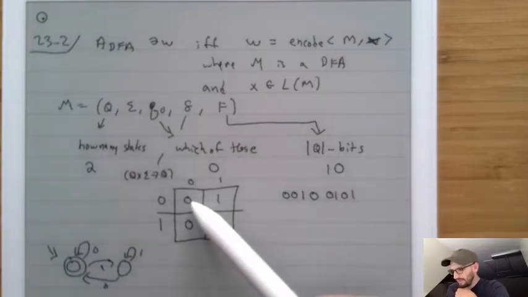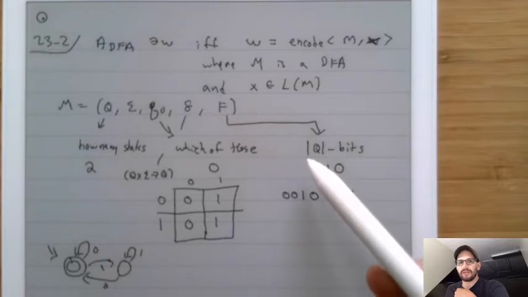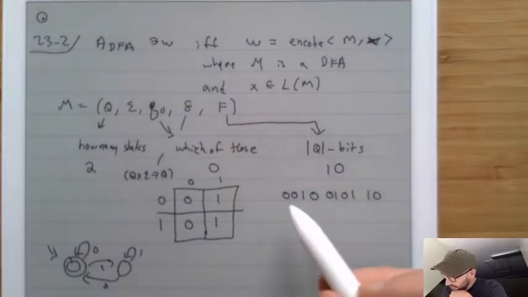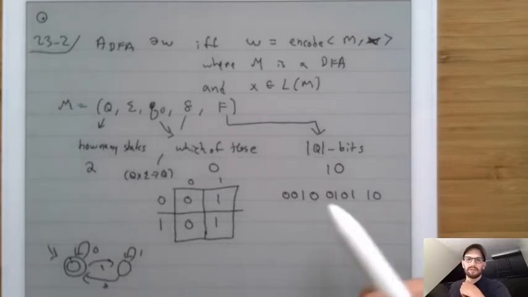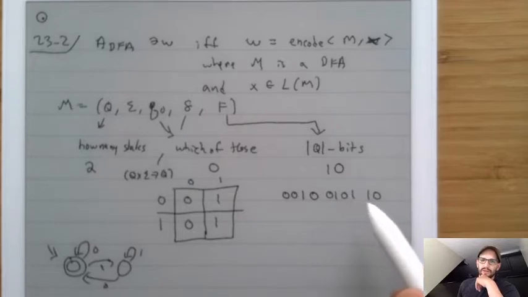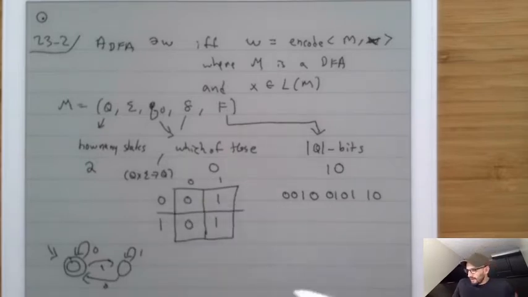So we have 1 bit for this entry, 1 bit for that entry, 1 bit for this entry, 1 bit for that entry. Then the next thing we need to do is the bit mask for F, so we'll just write 1, 0. So that means that this number right here, 0, 0, 1, 0, 0, 1, 0, 1, 1, 0, describes this machine right here. Okay.